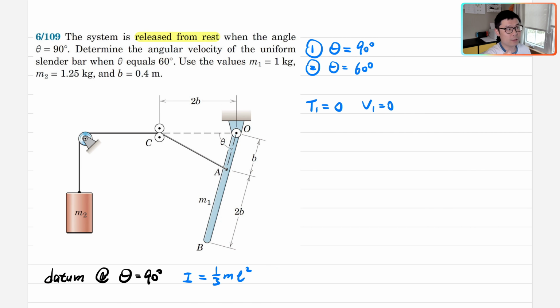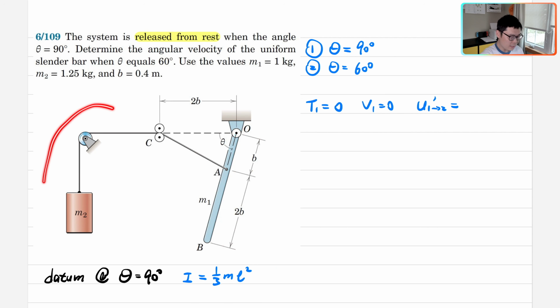Now, before we consider what type of energy we end up with in state number 2, think about this. Is there any work done from state 1 to state 2? If yes, what are they? If no, why not?